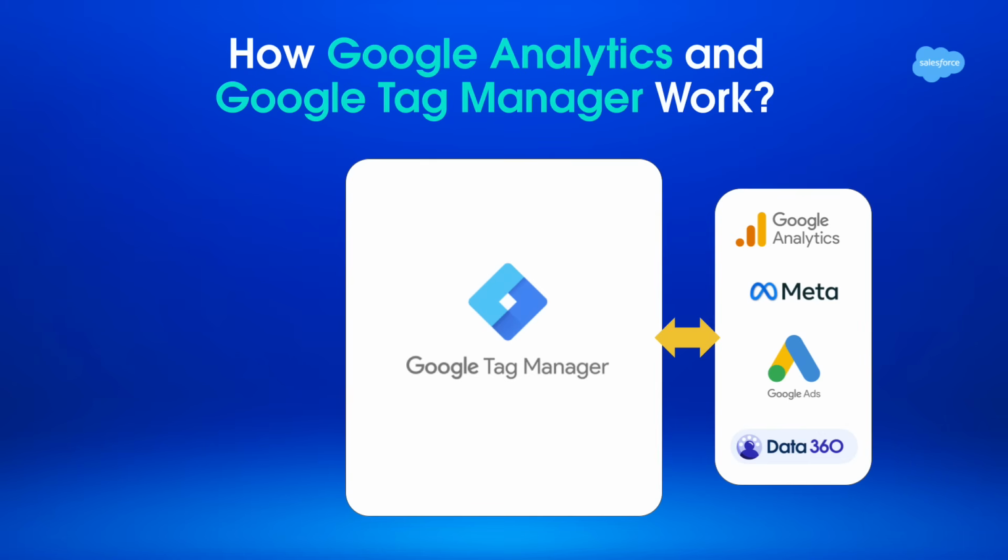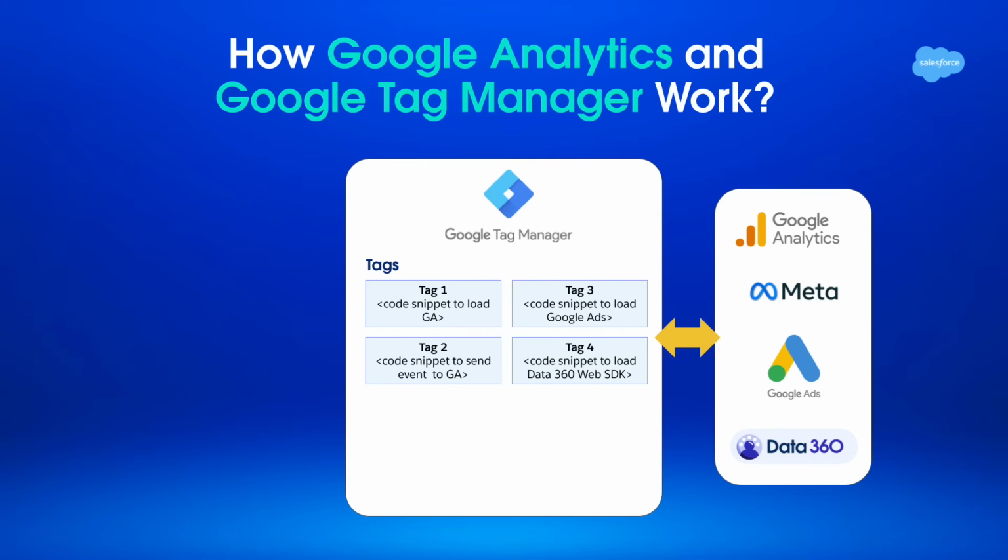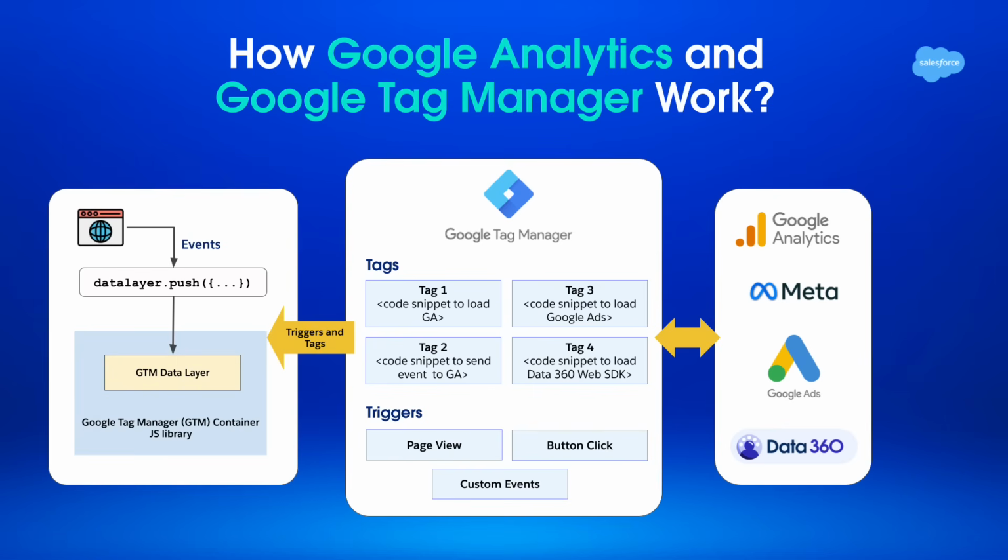Within Google Tag Manager, you define tags, which are nothing but code snippets that execute when certain triggers are met. These triggers can be page views or HTML element clicks. Once you load this tag manager on a website, it creates a data layer, which captures all the events from the website. If the events match the trigger conditions, then the corresponding tags are fired.